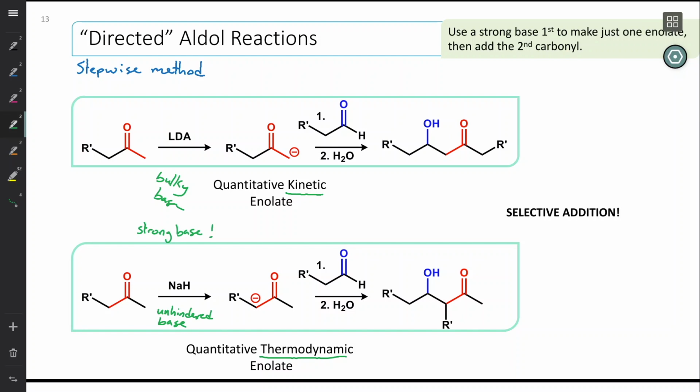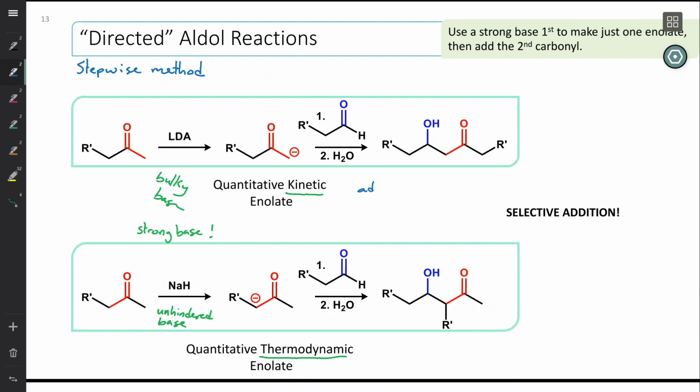Once you have your enolate made, and that's it, there's no more base left, then you can start to add your electrophile. In this case, the aldehydes are good electrophiles, but you could add whatever you wanted. There's no more base to make enolate, so this will be selective. Only your pre-made enolate will be the nucleophile.